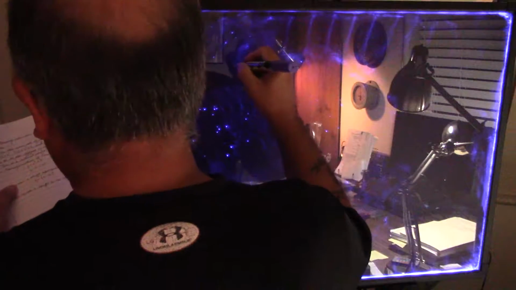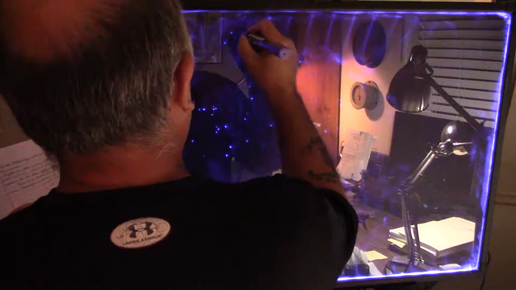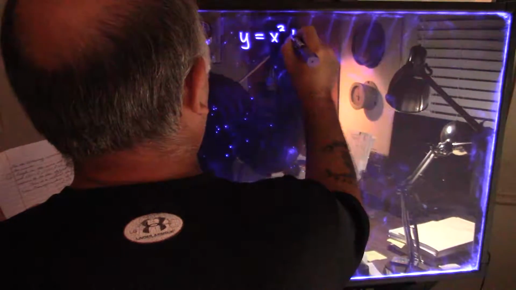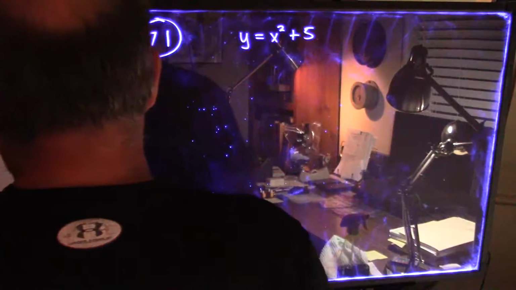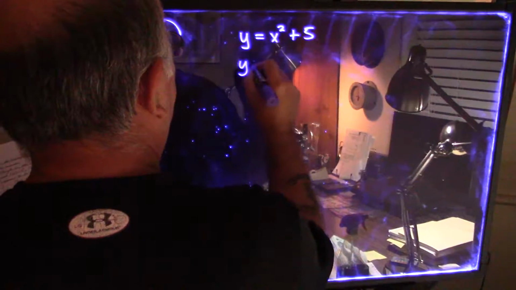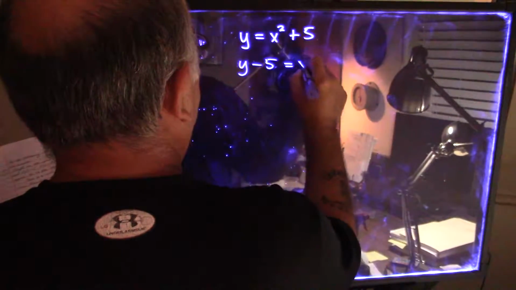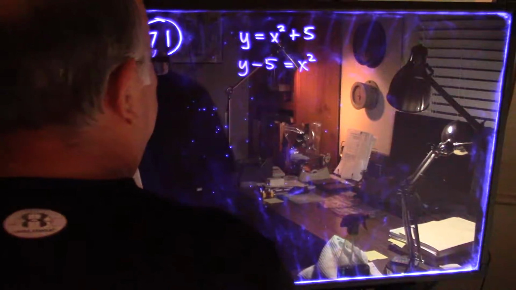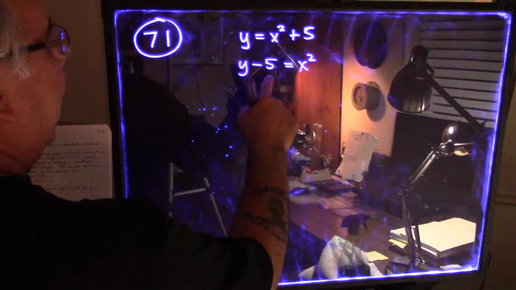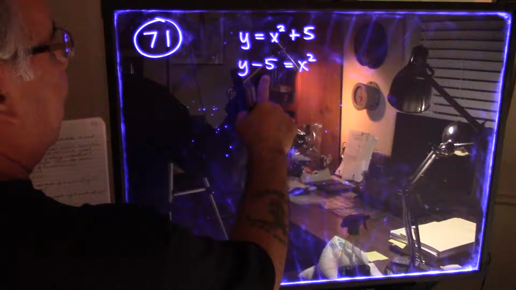Let's use y equals x squared plus 5 as an example. If I subtract 5 from both sides, y minus 5 equals x squared. Y minus a constant. That constant is going to cause a vertical shift.